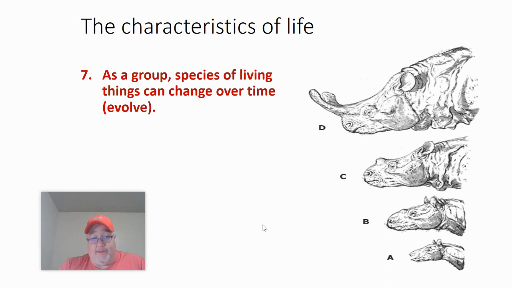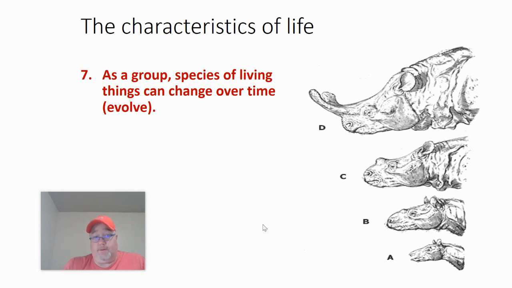And in biology, time usually means millions of years, like long periods of time. We have a fossil record. We'll talk about the fossil record this year. But we can trace ancestors of organisms back millions and millions of years. And we can look at these changes in their fossils and see how organisms have changed over time, including humans. So we'll talk a little bit about human evolution this year.